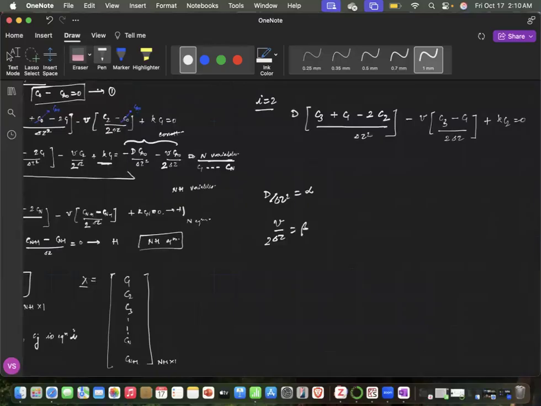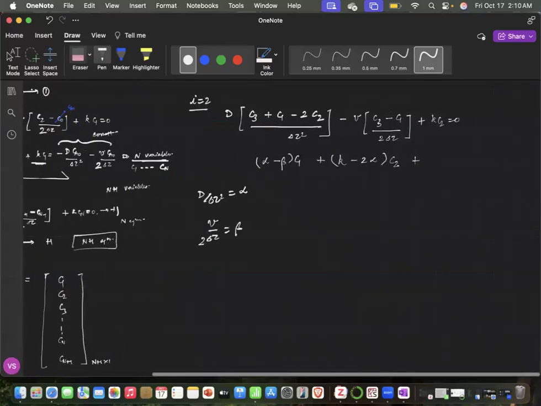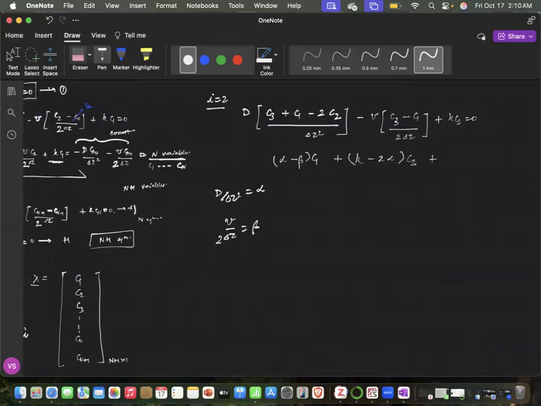That's the equation, which let's just club the coefficients together. So this is alpha minus beta C1 plus k minus 2 alpha C2 plus alpha... minus beta. I think there's a plus over here.